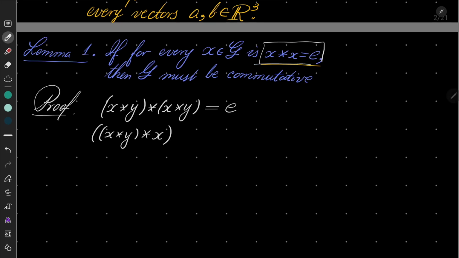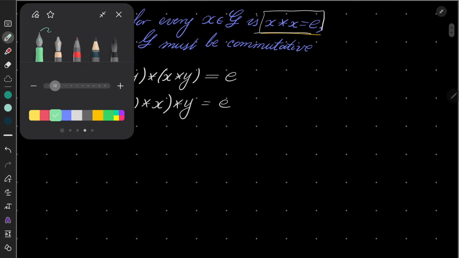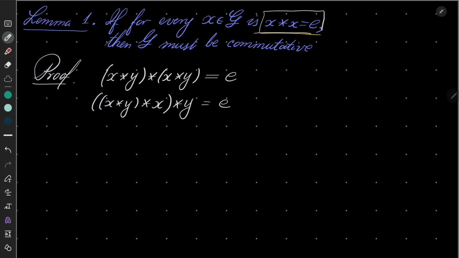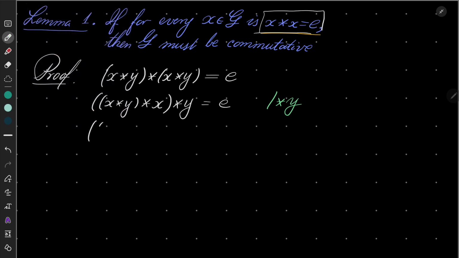Now what I will do is take both sides and star with y. And what happens now? Well, I have the following: x star y star x star y star y equals e star y.